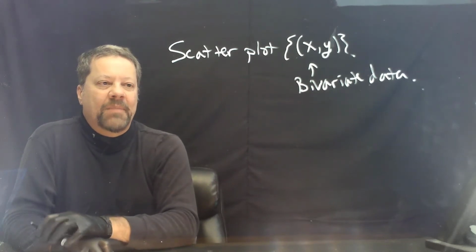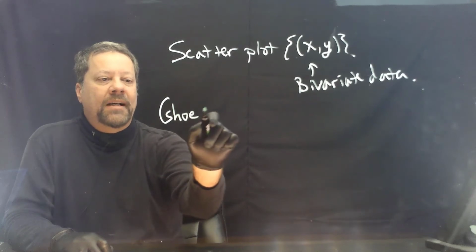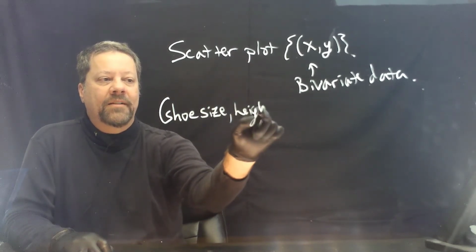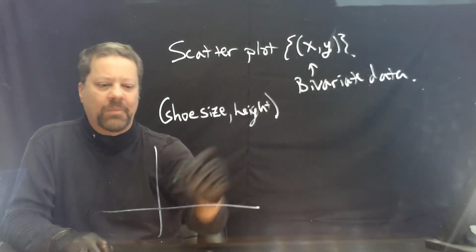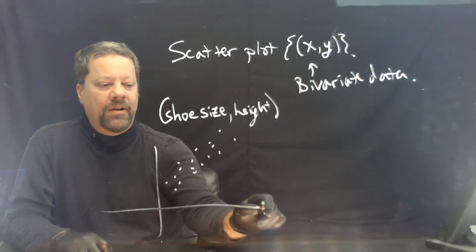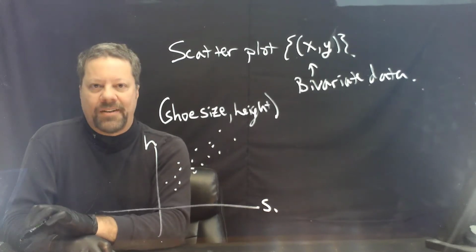An example might be shoe size versus height associated with an individual. And you might get a scatter plot that looks something like this, where you have the shoe size and the height plotted against each other.